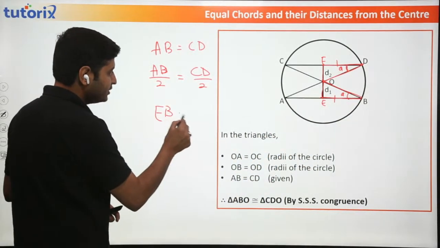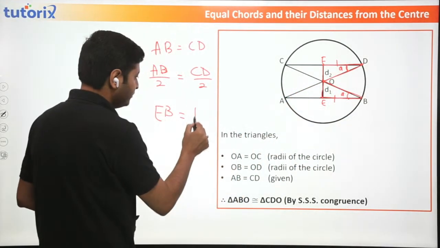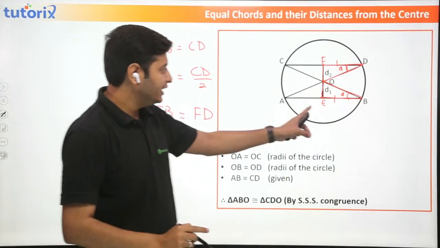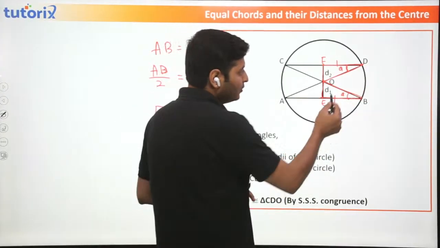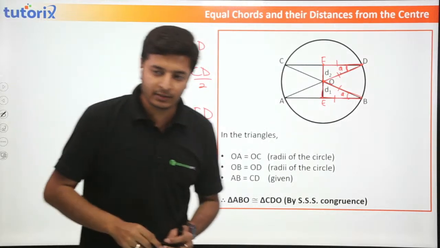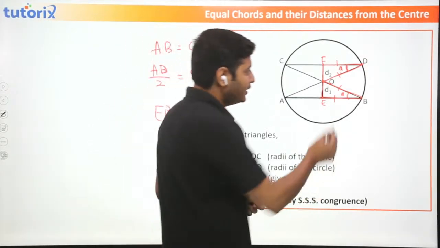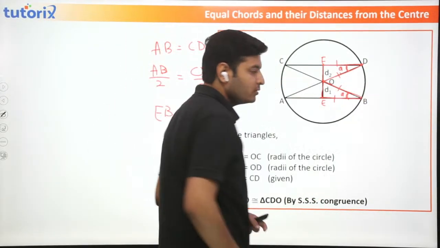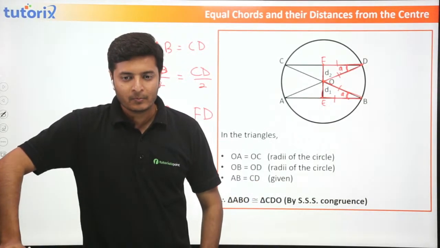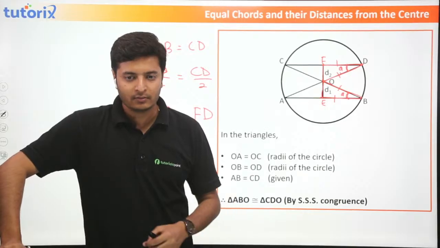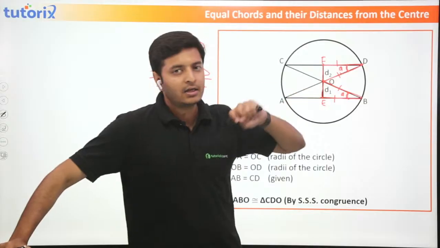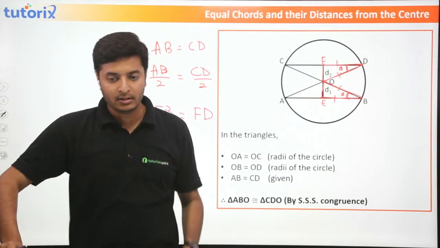So EB is equal to half of CD, which is FD. So EB and FD are also equal. Now look at OB and OD. They are also equal. They are radii of the same circle. And the angle included between these two is also equal because we concluded it using CPCT. So then we can find D1 equal to D2 by CPCT, because these two triangles are congruent by SAS, side angle side.